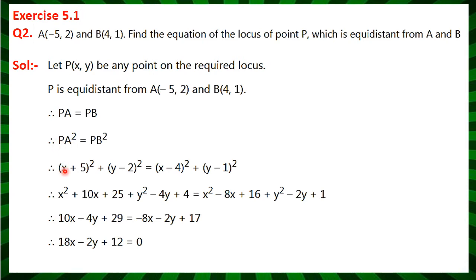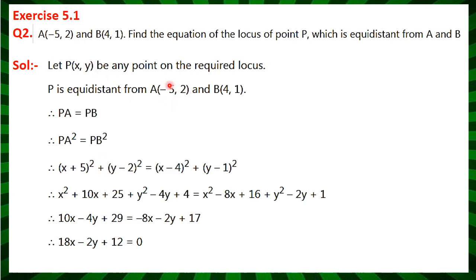We have P as (x, y). PA squared is (x + 5) the whole squared plus (y - 2) the whole squared. That is how we calculate the distance between two points, the difference between the coordinates: x minus (-5) becomes x + 5, and y minus 2.